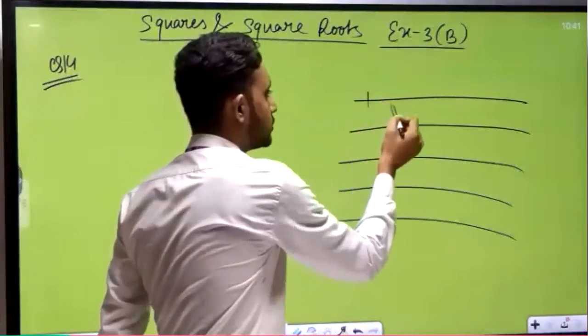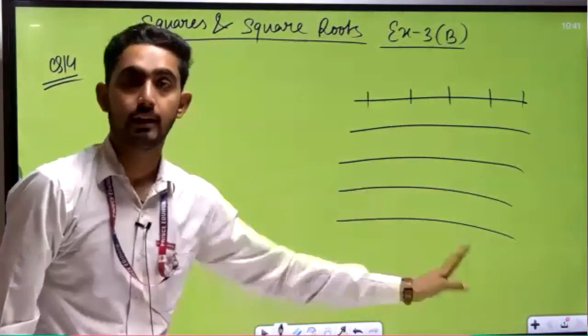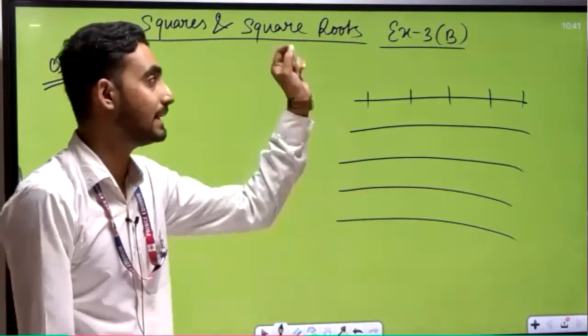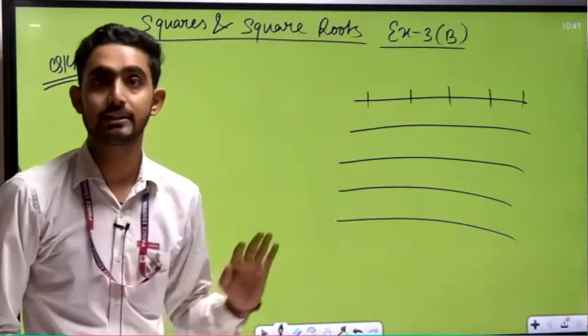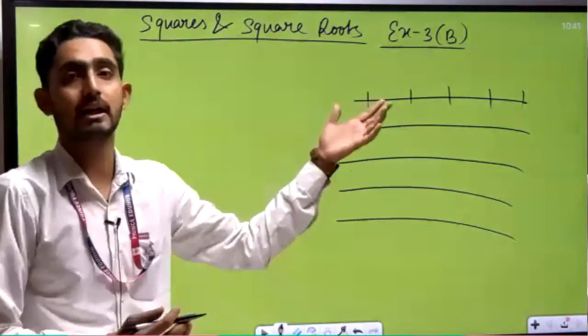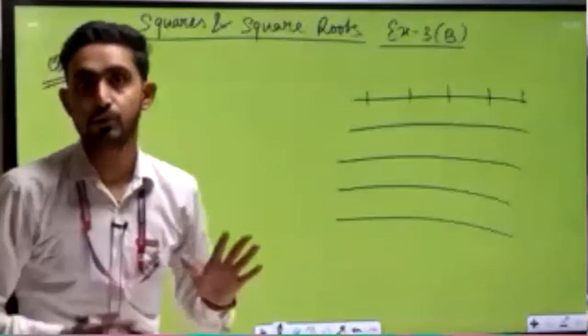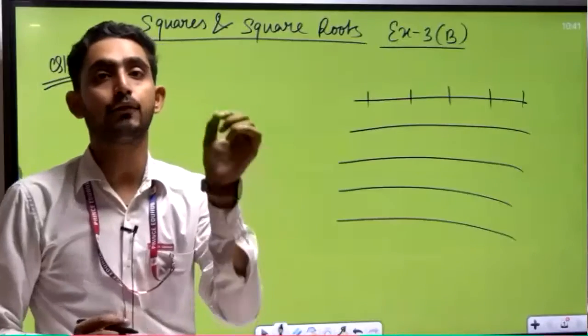Suppose here 40 rows are there, then in each row how many soldiers stand? 40 soldiers. According to the number of rows, that many soldiers stand in each row. So we have to find out how many rows there are.